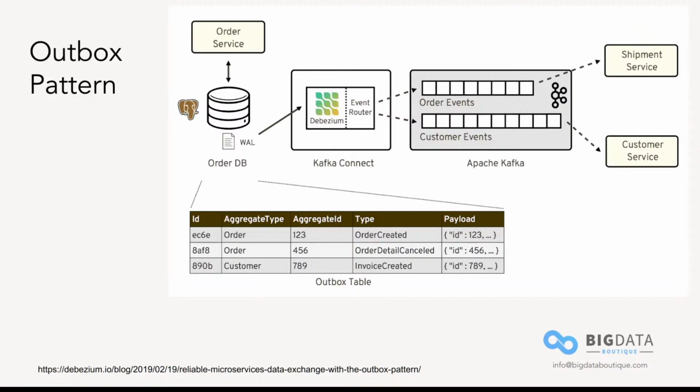So with the outbox pattern, the idea is to have a specific table, the outbox table, where the order service writes with the idea that it is going to be consumed by other services and published to Kafka.